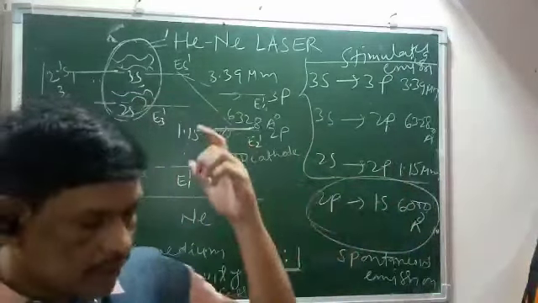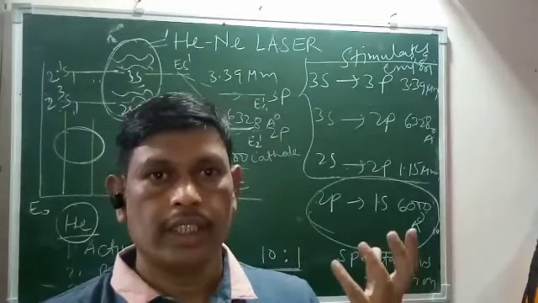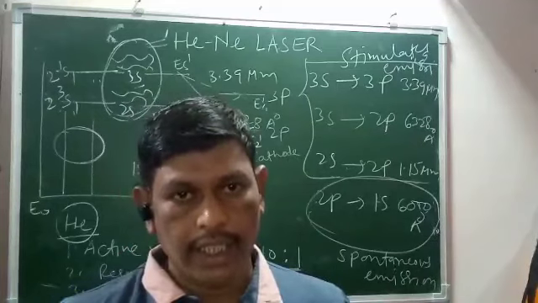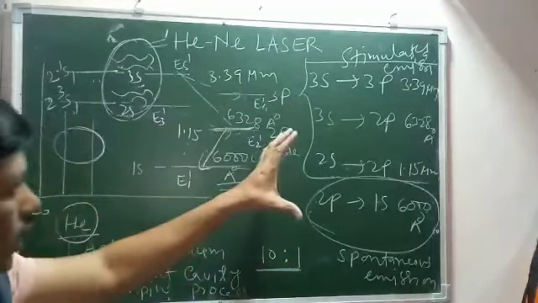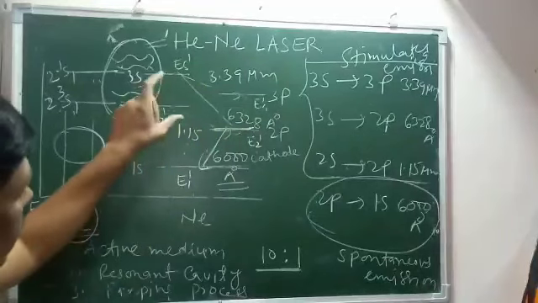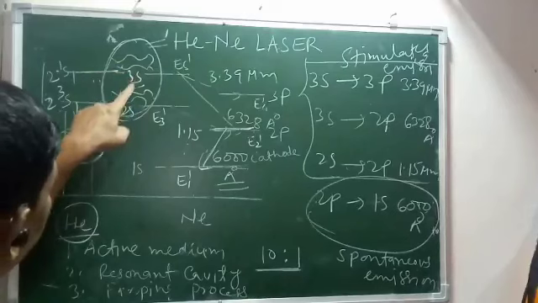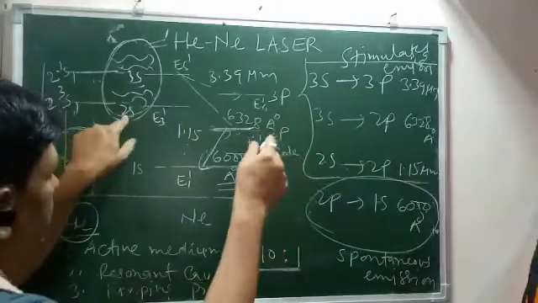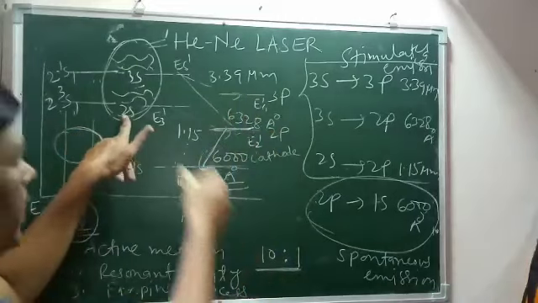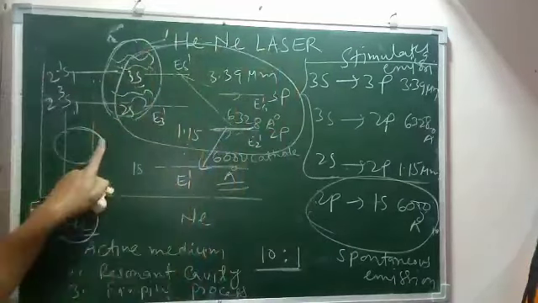So from the helium neon laser we obtain a laser pulse of red color. In between the levels 3s, 2s and 3p, 2p, the population inversion can be achieved between these levels.